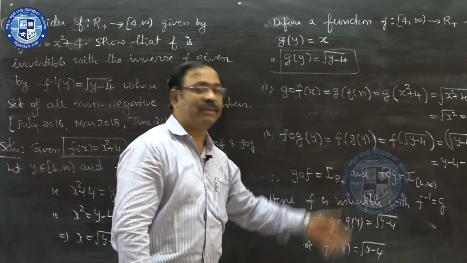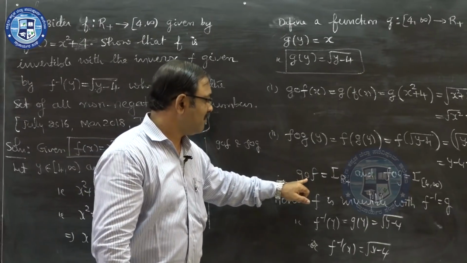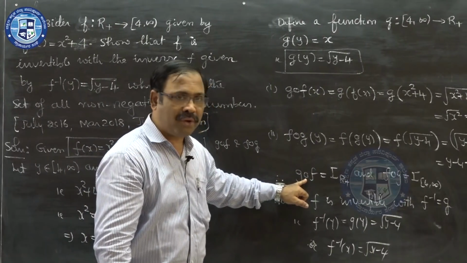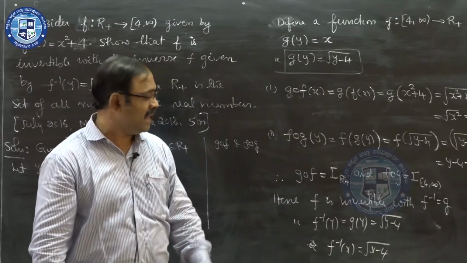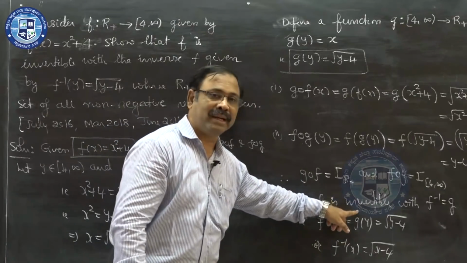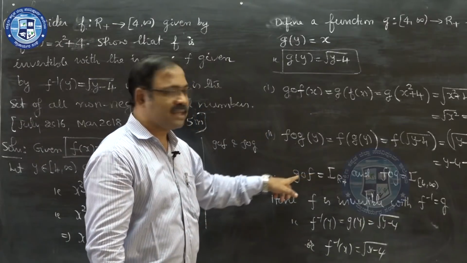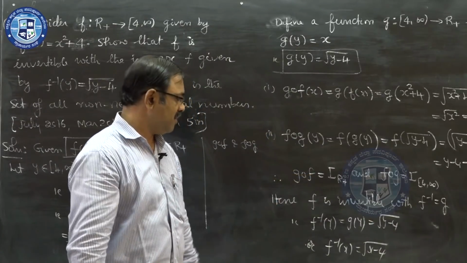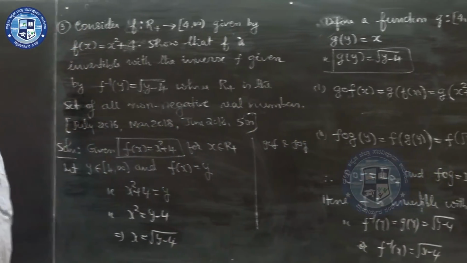Hence f is invertible, by the definition. What is the definition? If g composite f and f composite g are both equal to their respective identity functions, then f is invertible with f inverse equal to g, because g is considered to be the inverse of f. So f inverse of y is equal to root of y minus 4.